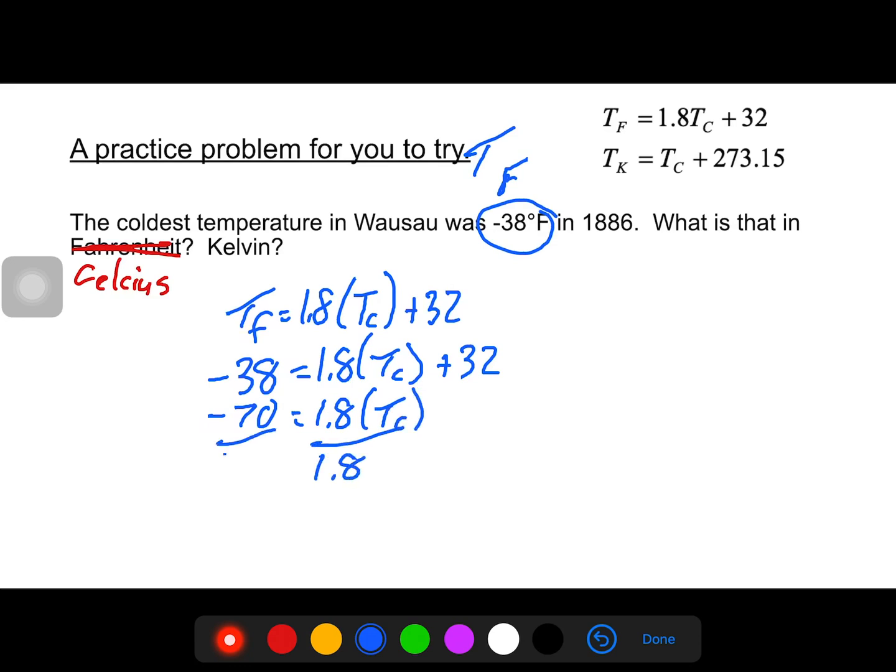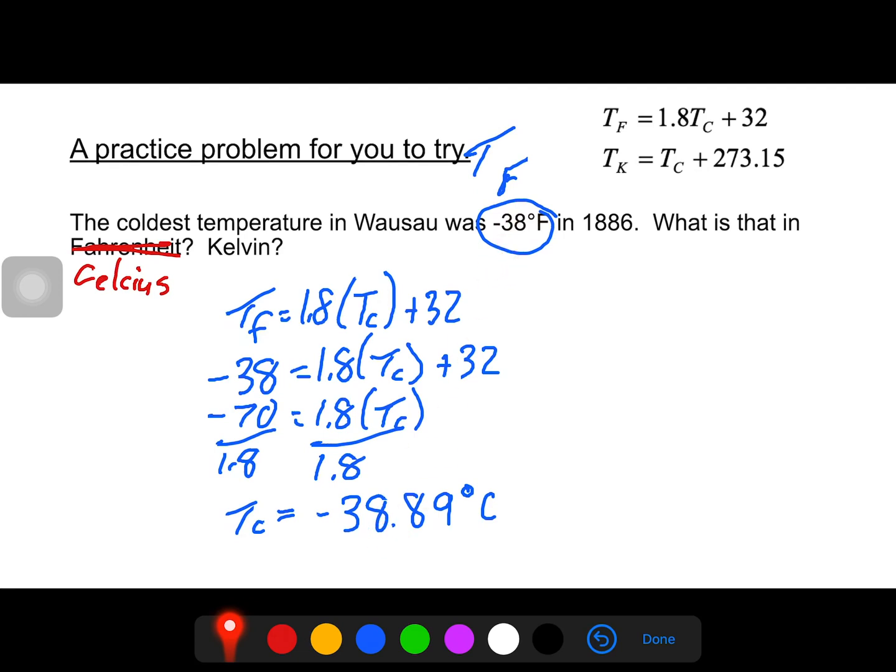Divide both sides by 1.8, and our TC ends up being negative 38.8888 degrees Celsius.